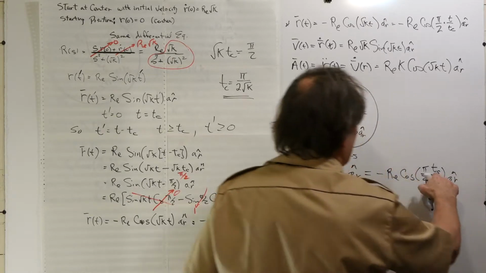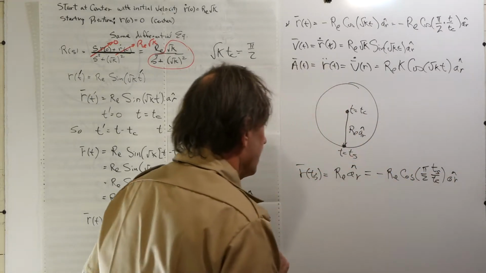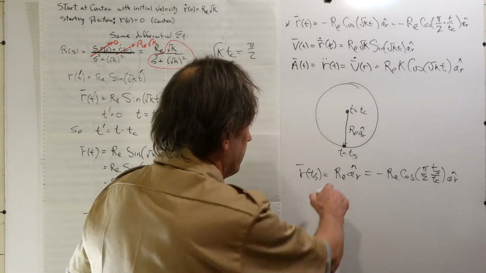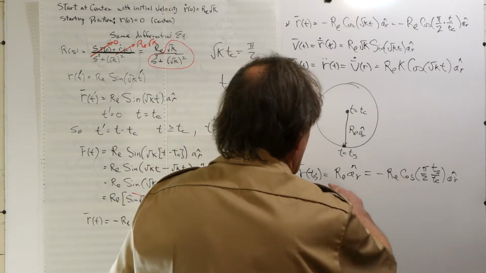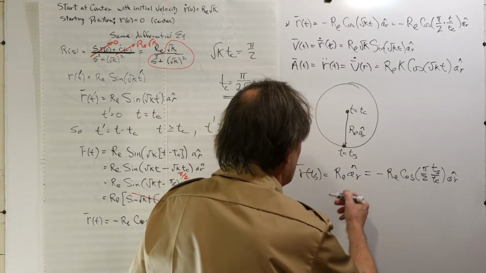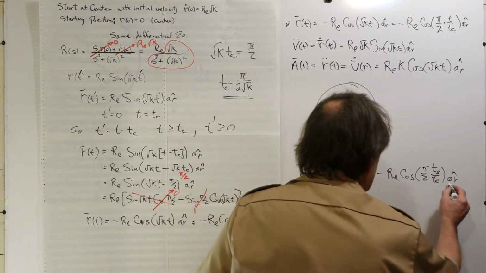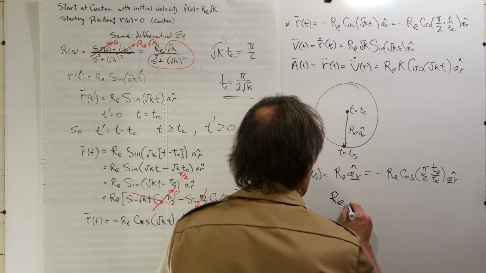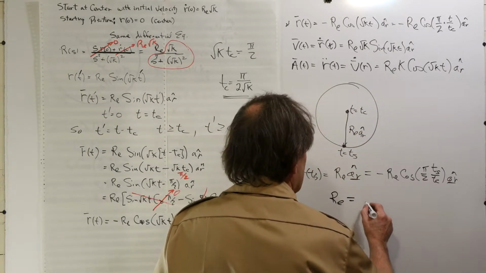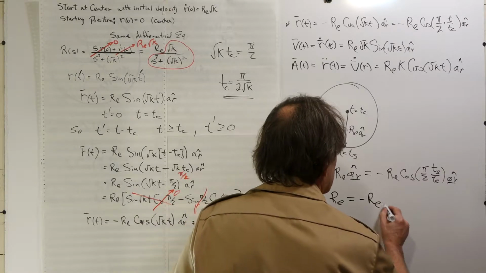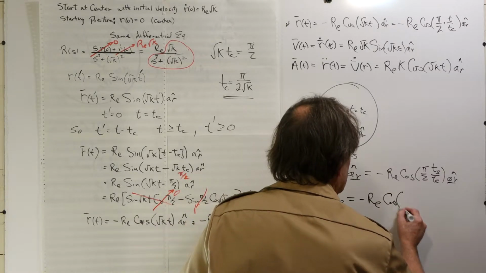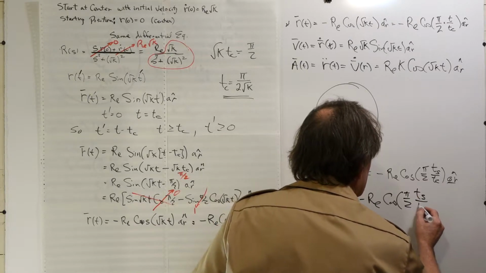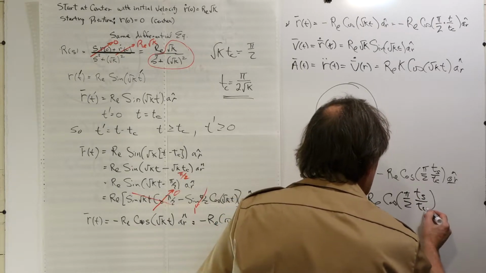We put in for our time t_s, the time to get to the surface. Okay, we have our vector equation. Now we can extract out a scalar equation because the a_r's, the unit vectors, are the same on both sides. So we get radius of the Earth equals minus radius of the Earth times the cosine of pi over 2 time to the surface over time to the center.